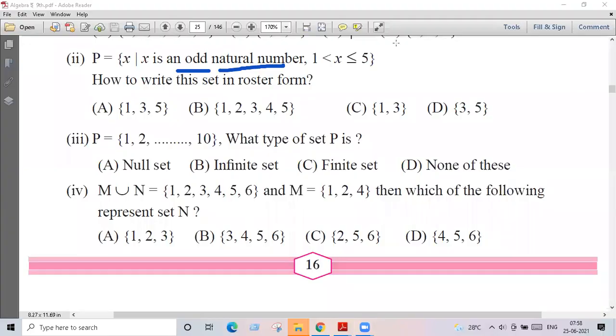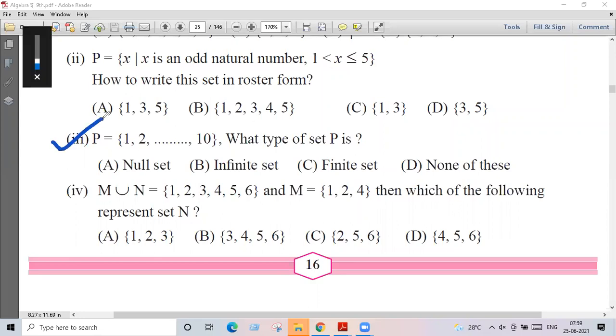The odd numbers after 1 are 3 and then 5. It should be greater than 1, so we cannot take 1. So your answer is option number B.